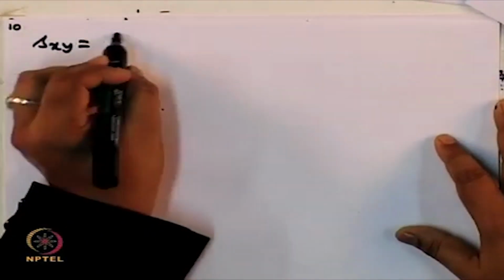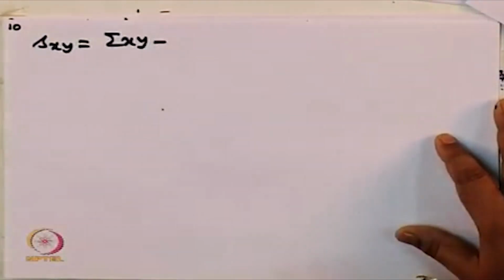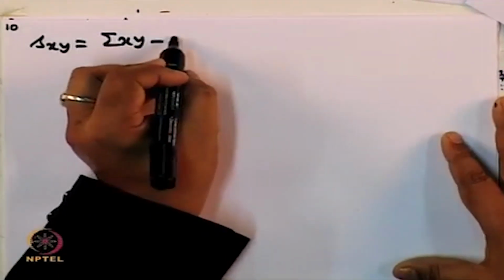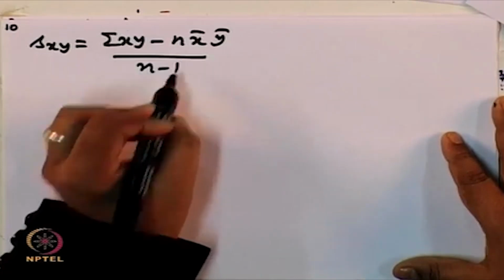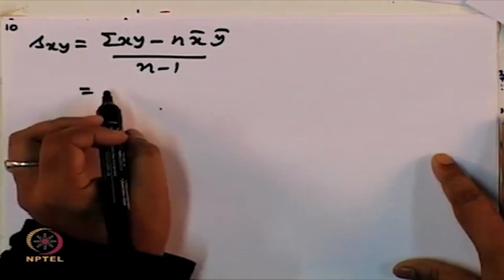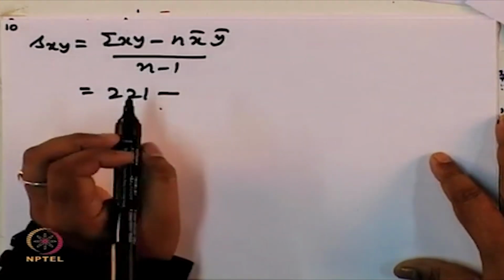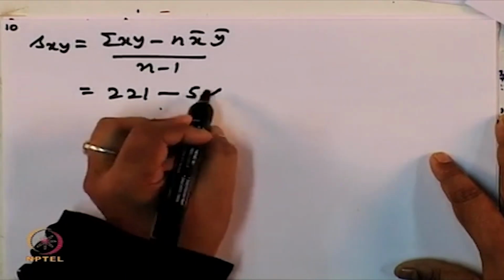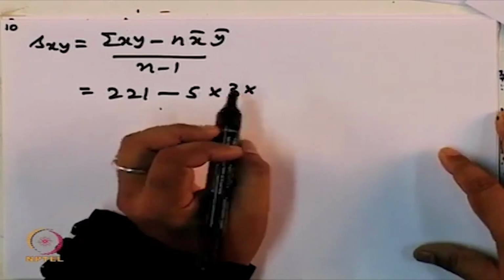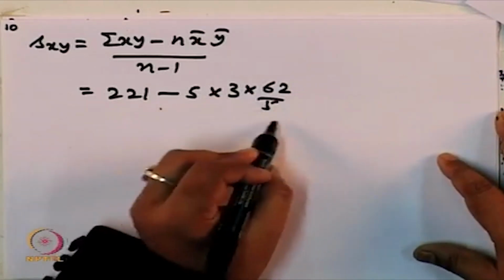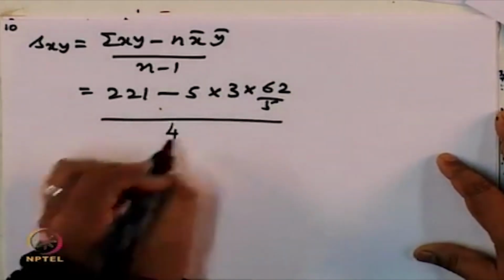So, I can find out the expression for s x y. s x y is equal to summation x y minus n x bar y bar, by n minus 1. So, summation x y is 221 minus n is 5, x bar is 3 into y bar is 62 by 5, whole divided by n minus 1, which is 4.